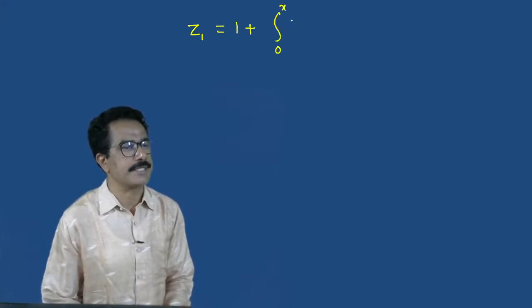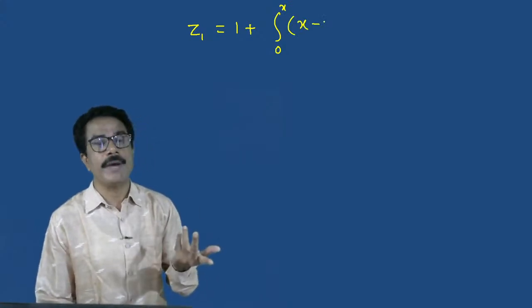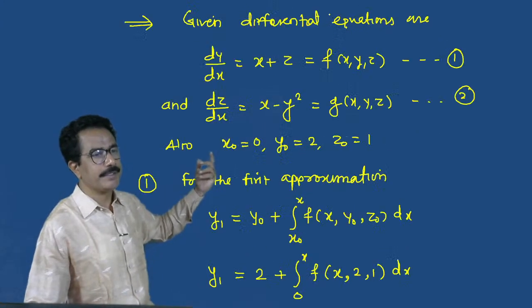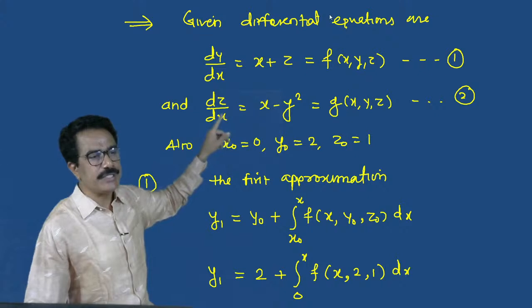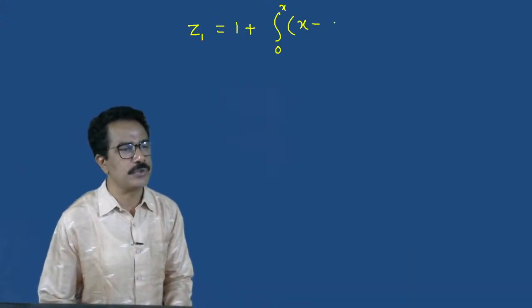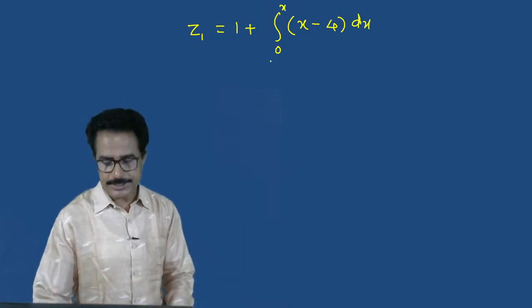So z1 is equal to 1 plus integral of 0 to x. Look at how g is, g means x minus y square, y means 2, so we can write 2 square means 4 dx. Now you tell me the integration.